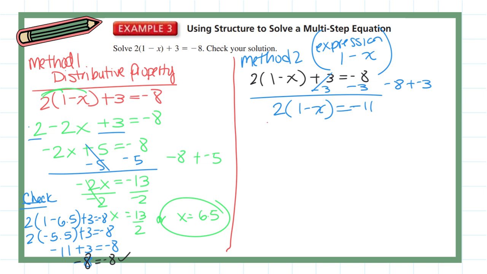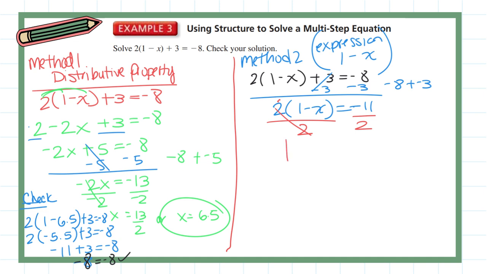Now, after we simplified, we're going to divide each side by 2, okay? Remember, a number in front of a parentheses, with no operation in front of it, just a number in front of the parentheses, means multiplication. So in order to get rid of this multiplication, which is next to each other, right here, we're going to divide by 2 on both sides.